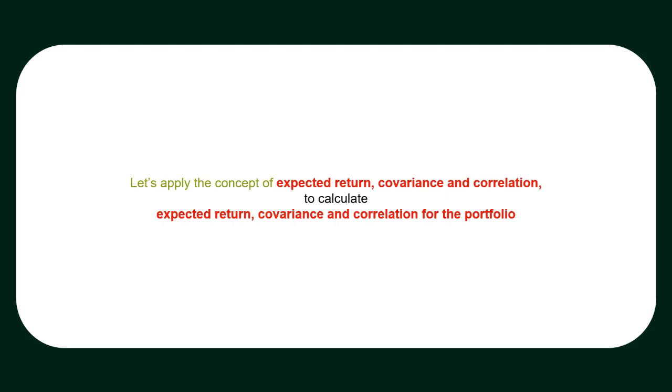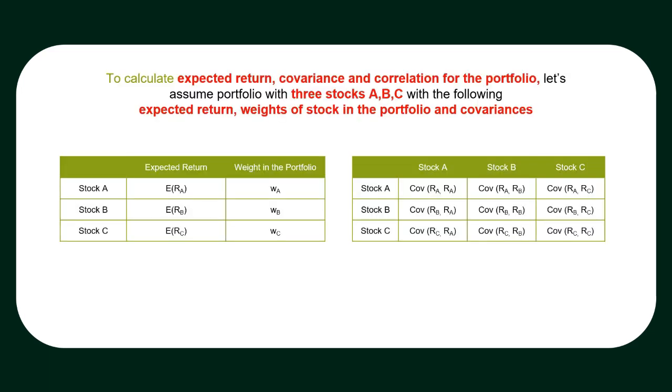We are now in the last section of the session. So, let's apply the concept of expected return, covariance, and correlation to calculate expected return, covariance, and correlation for the portfolio.